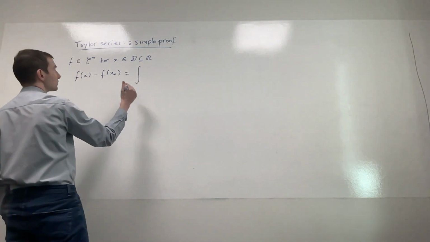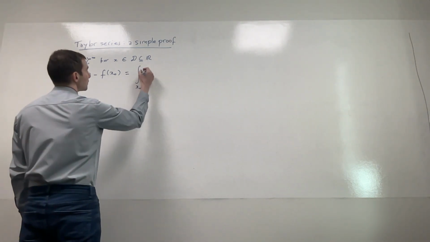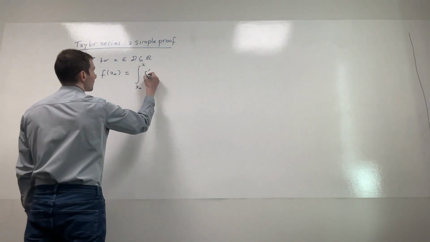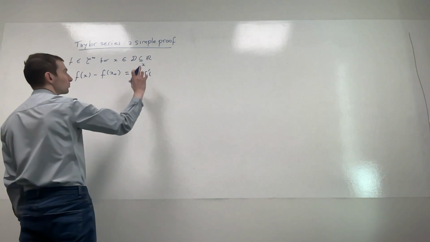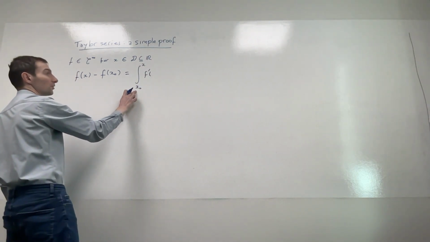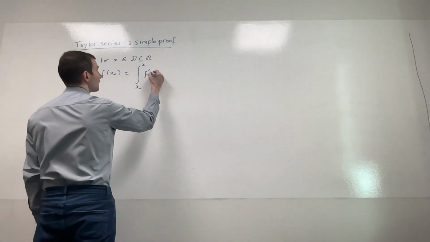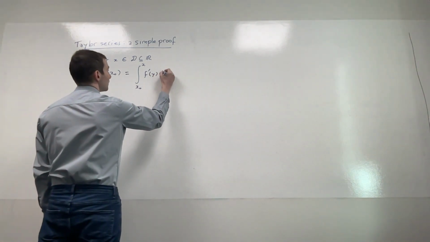It's going to be the integral from x0 to x of f prime. And here, just to not confuse the names that I put on the limits of integration with the integration variable, I will put a y here.